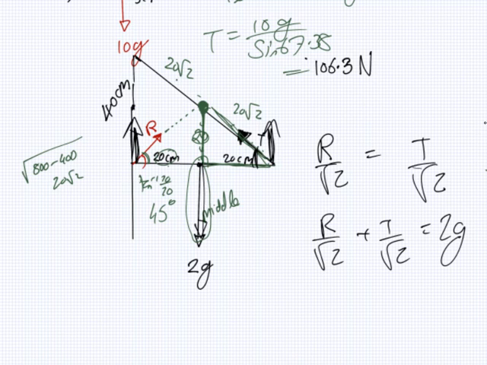Now look at what we have. How many equations? 2. So that means R and T are equal. So this will be 2R over root 2 equals 2g.